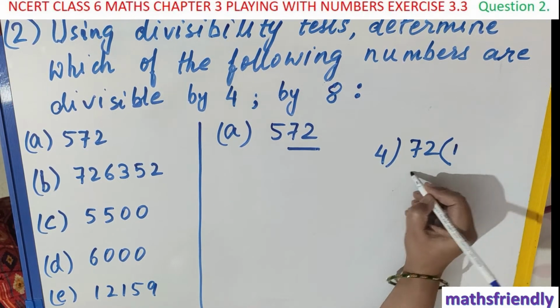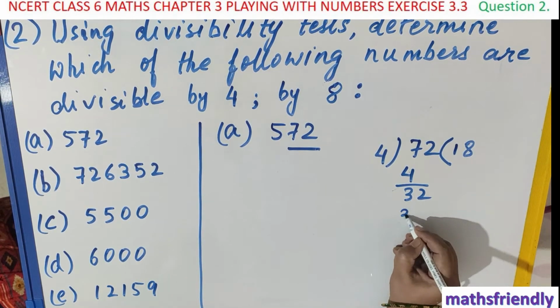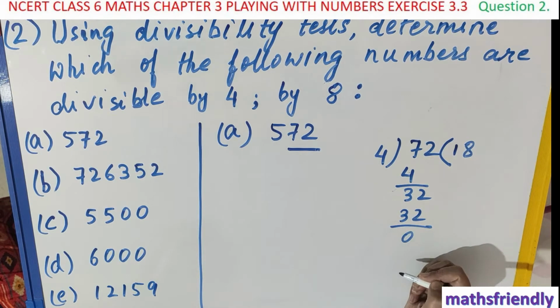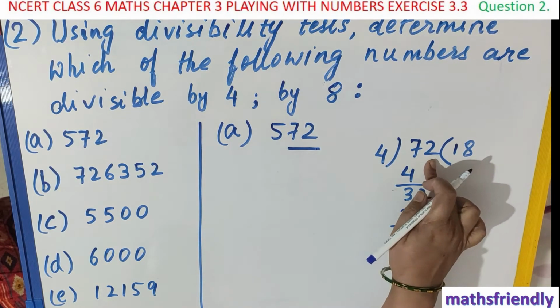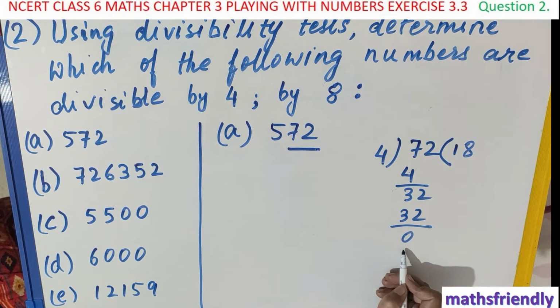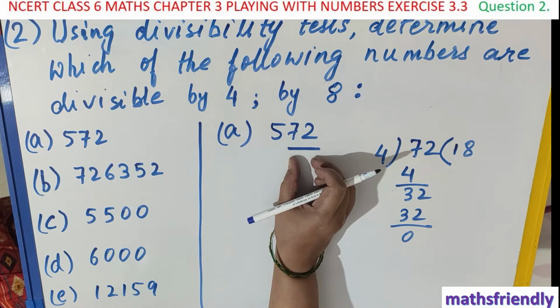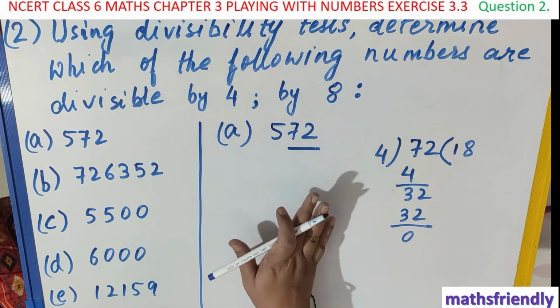So let us take 4 ones are 4, 3 carry, 8, 4 8s are 32, the remainder is 0. It means 72 is exactly divisible by 4 because we got the remainder 0. It means the last two digits are divisible by 4. It means the whole number is divisible by 4.